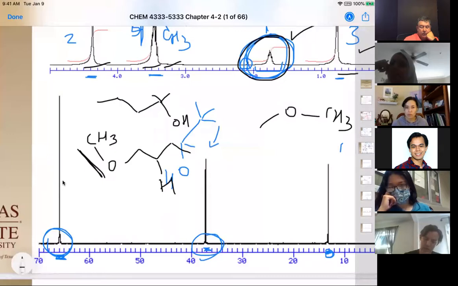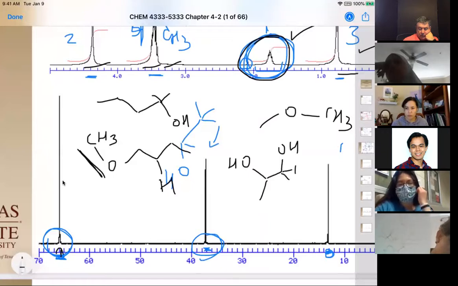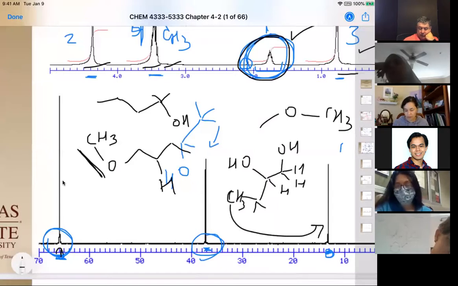Ooh, what if this has 2 OHs on it? What if we had some kind of that would give us 2 hydrogens, 2 hydrogens, 1 hydrogen, 2 hydrogens, and a 3rd hydrogen. So this could be the methyl group here.